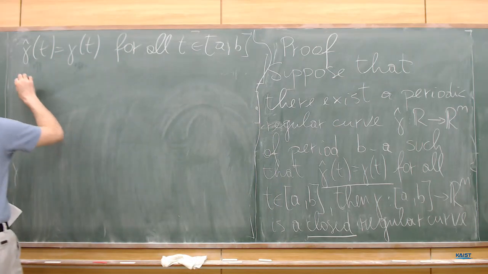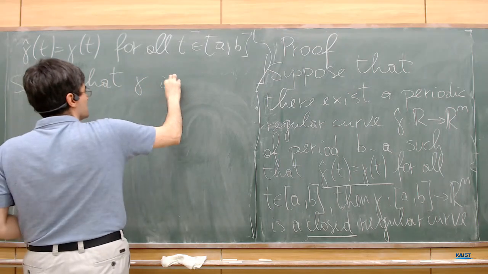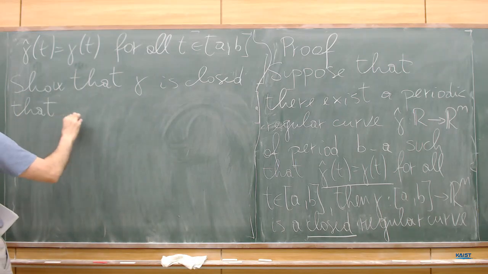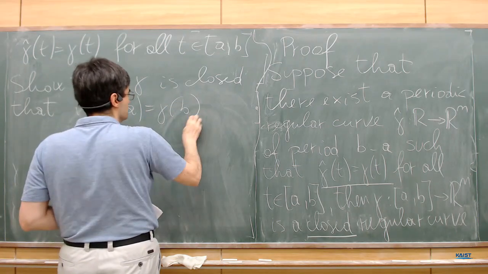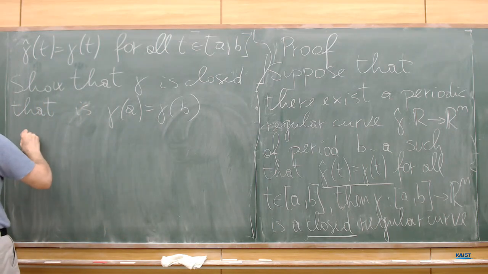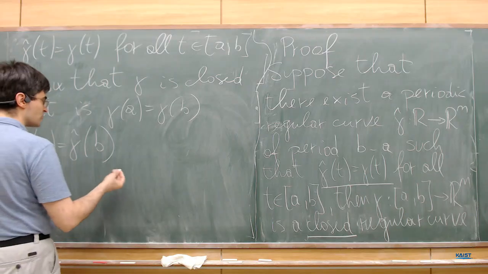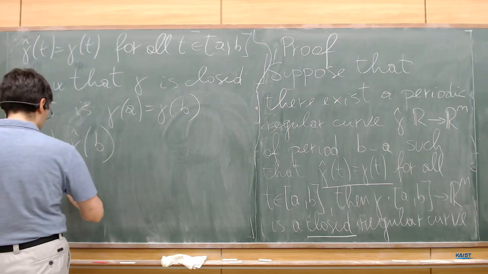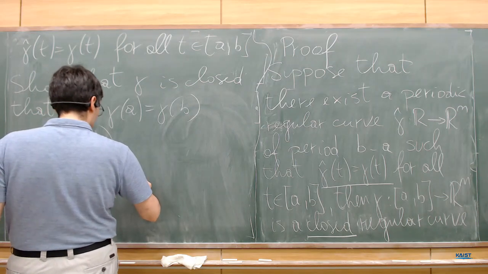So show that gamma is closed, that is, gamma A equal to gamma B, but this is equivalent to gamma hat A equal to gamma hat B, and this is true because, for example, gamma hat B can be written as gamma hat of A plus (B minus A).